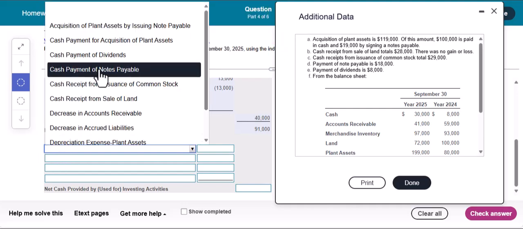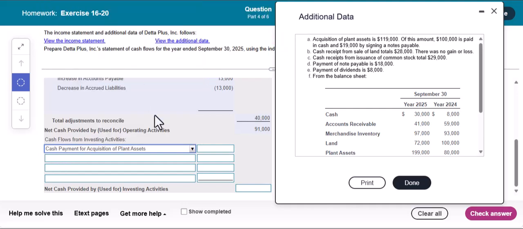For cash payment for acquisition of plant assets, again, it's going to be that $100,000 right here. And as a reminder, do we have cash going up or down? It is actually going down, so we will be making this negative $100,000.